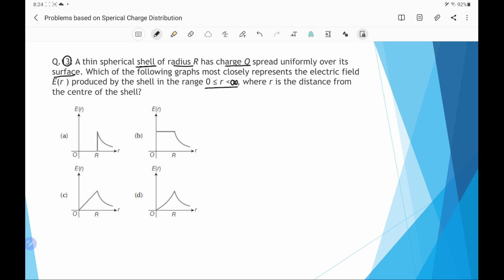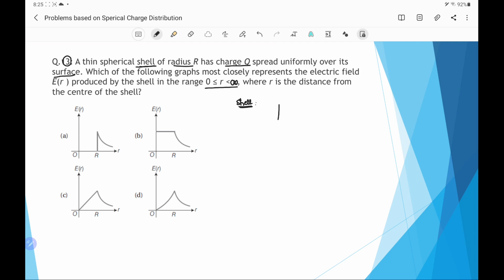Now in this case, which we have already discussed in question number 1, the spherical shell has the charge distributed on its surface. That means there is no charge inside the shell, and as per Gauss law, the electric field will be 0 inside the shell.